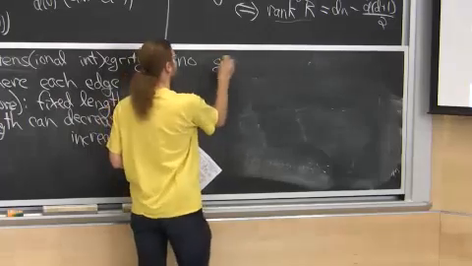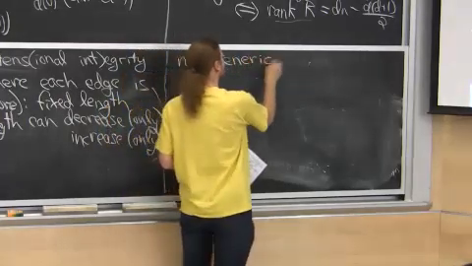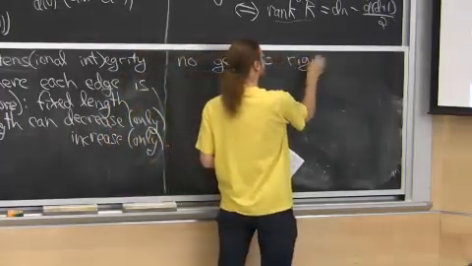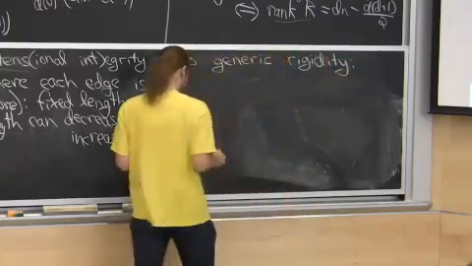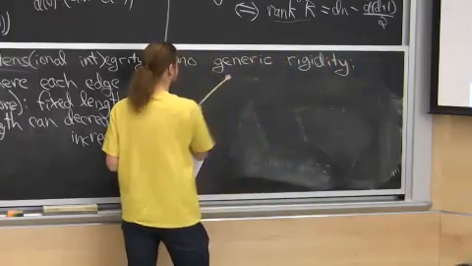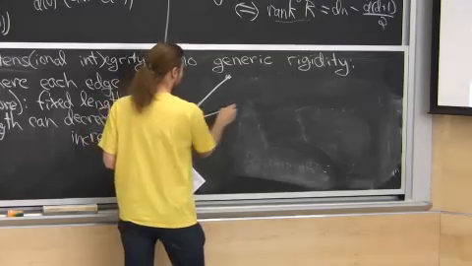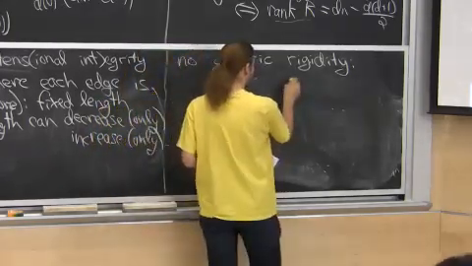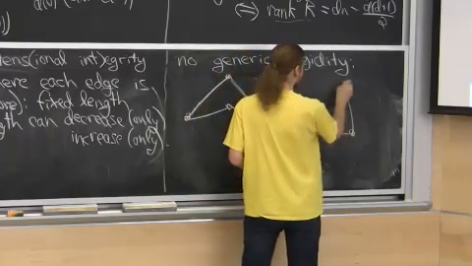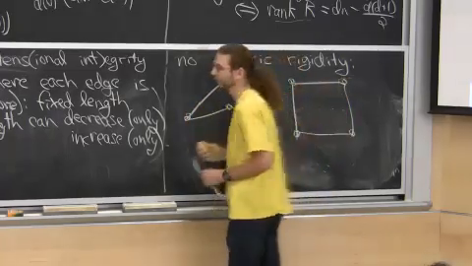The problem is, there's no notion of generic rigidity. For example, this is a generically flexible linkage.